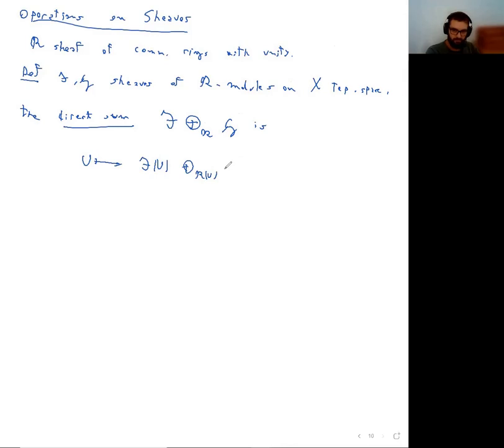This is simple, and the stalk is precisely the sum of the stalks.